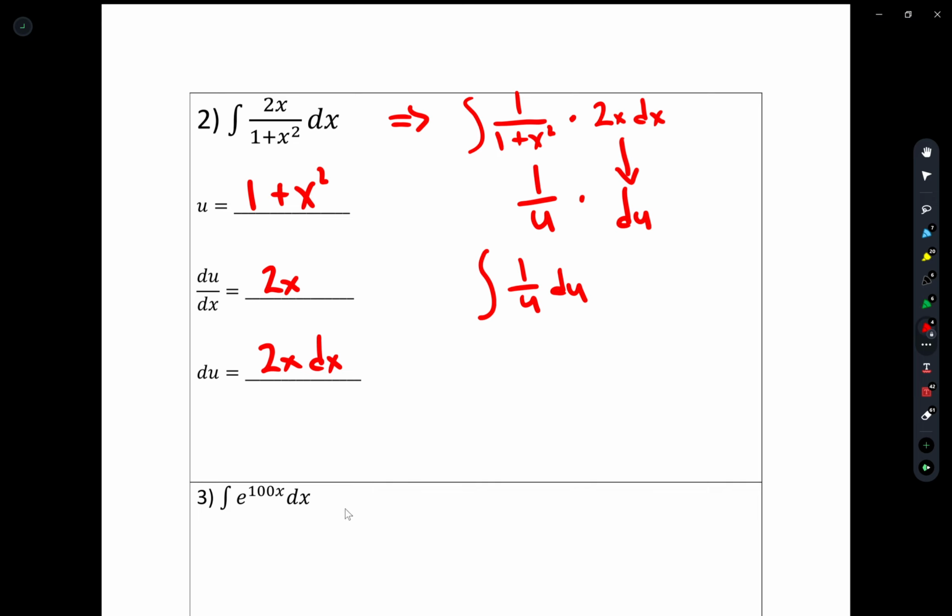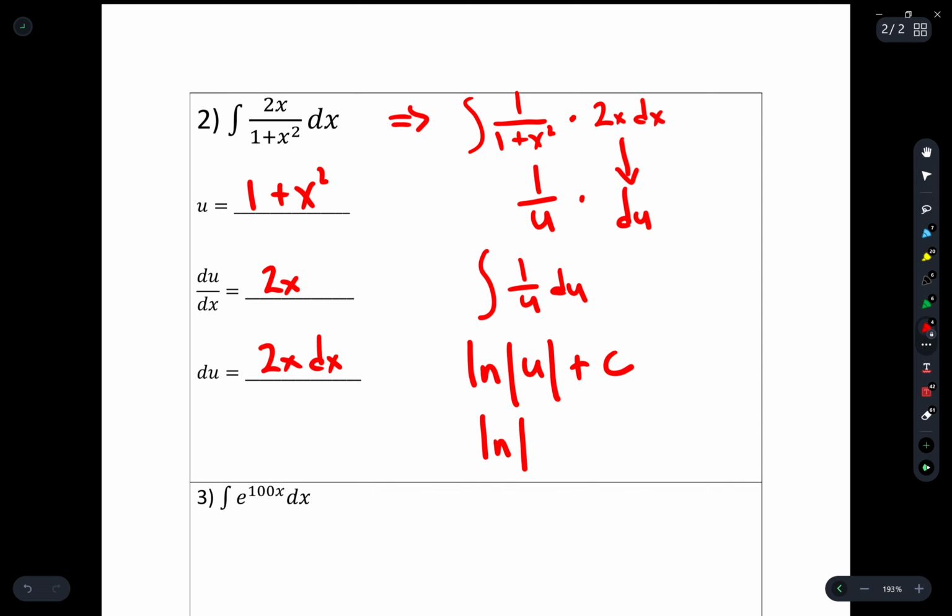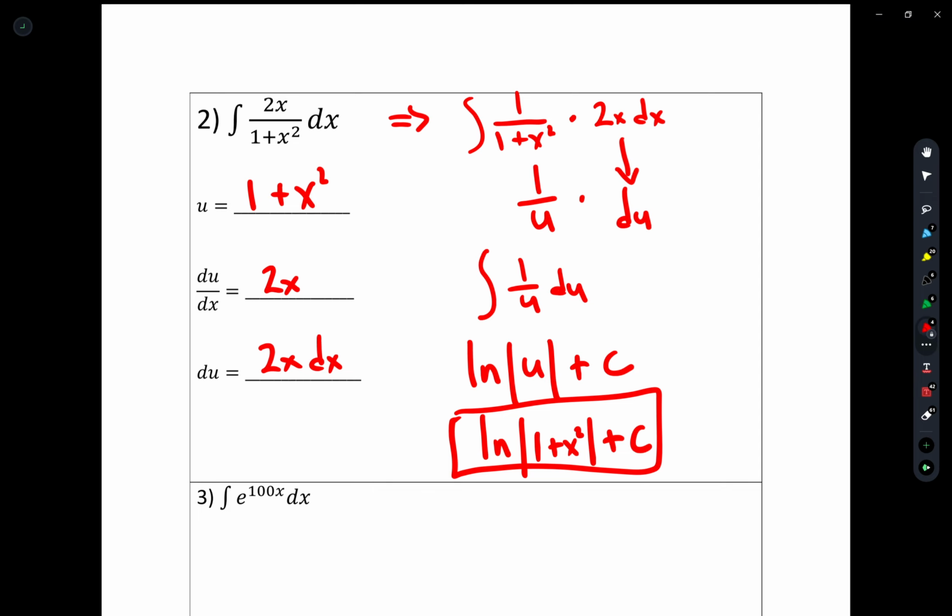That is going to be natural log, so ln of the absolute value of u plus some constant. I'm having the absolute value of what was my u, this here. So my question is, how do I know if that's right? I'm going to take the derivative and I should get back to where I started.